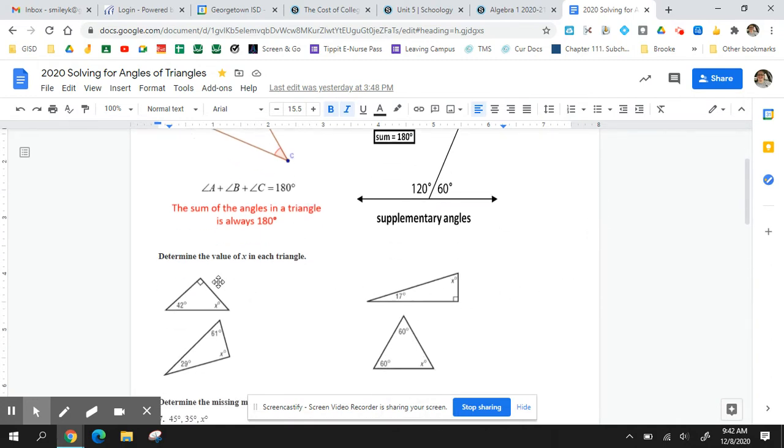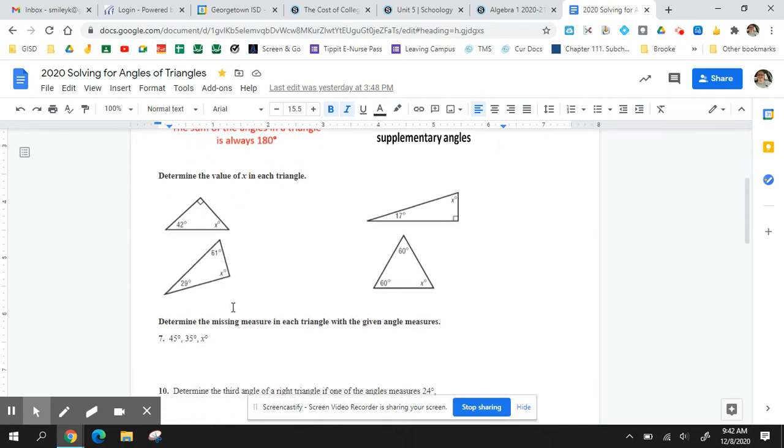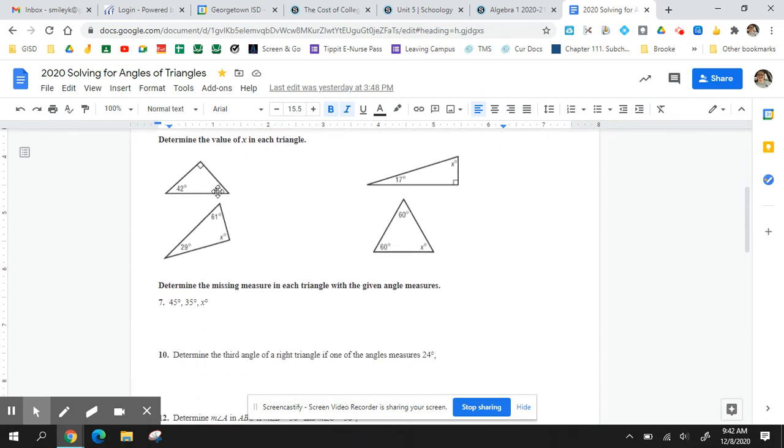So if we're looking at these examples here, notice how we are going to find x in the triangle. What we're going to do is take 180, and we'll say 180 minus the two other angles that they do give us. So they give us a right angle, so we're going to put a minus 90 and 42 because they gave us 42.